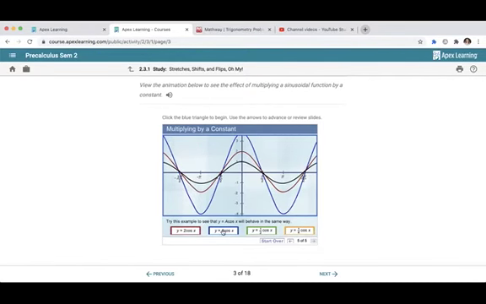See here, this blue line, 4 cosine of x, my new amplitude is now 4. And on the other side of that, if it's between 0 and 1, my 1/2 and my 1/4, that's going to be a compression, and my amplitude, again, is going to be whatever that constant value is out in front.